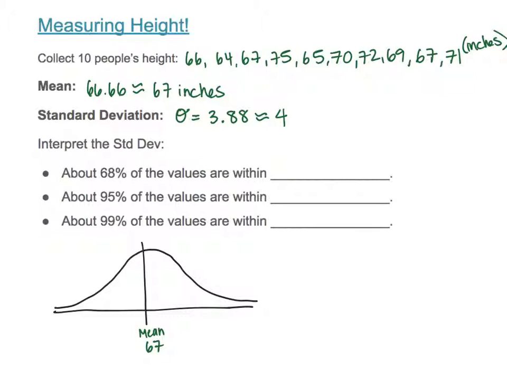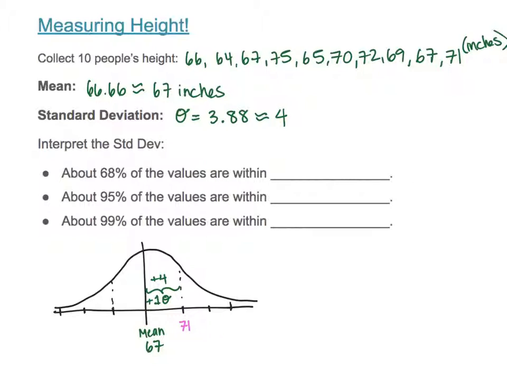All right, so now from here, let's take a look at one standard deviation. So for one standard deviation, it is about 4 inches. So if you go out to the right, one standard deviation, you're going to be adding 4 to the mean. So 67 plus 4, that's going to give me 71.